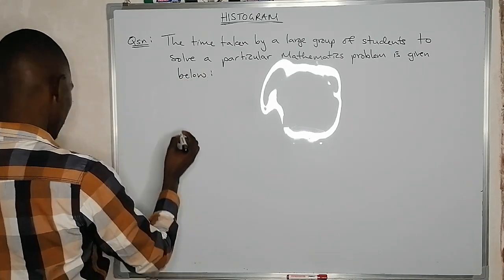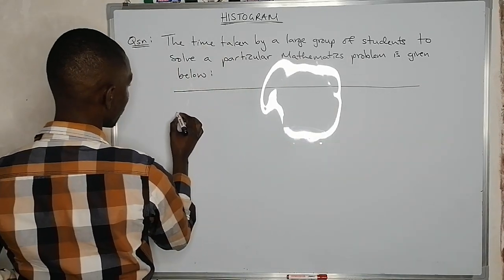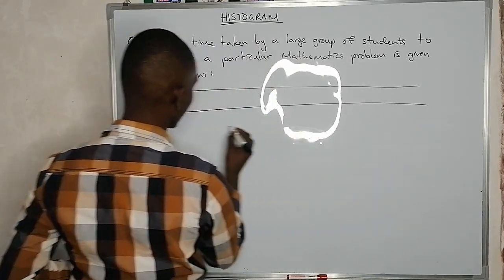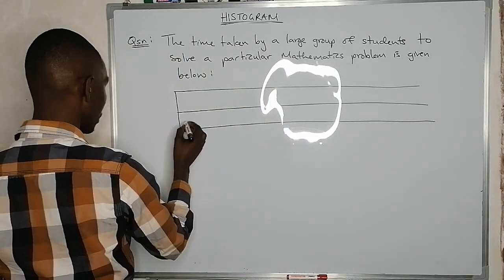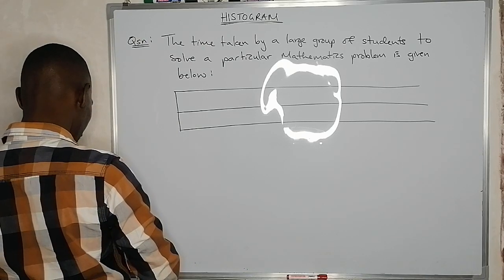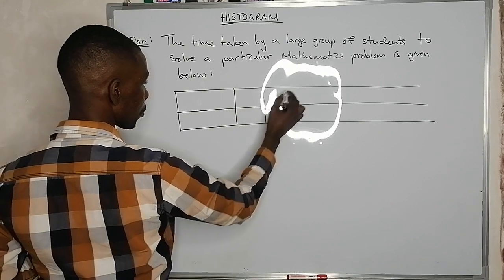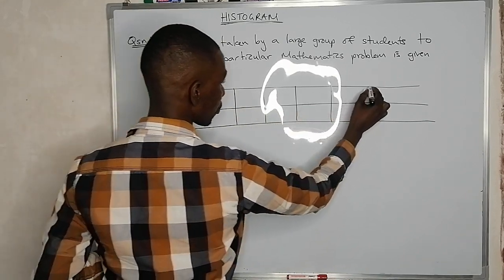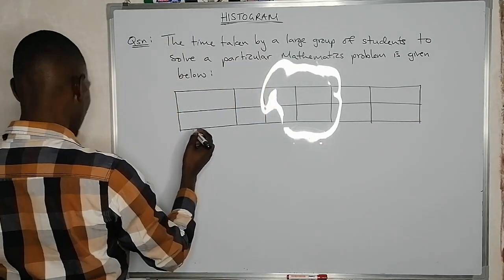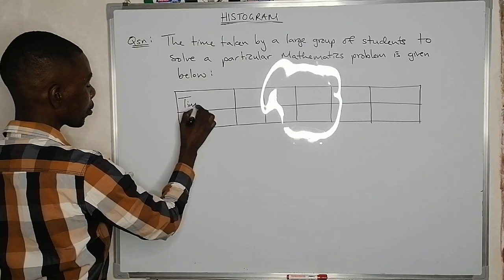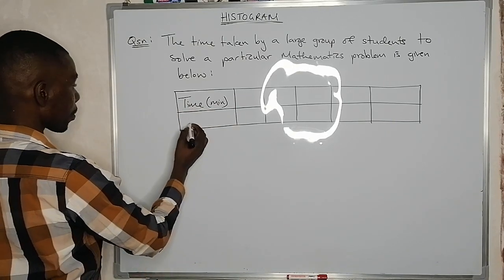Right, so we have a table again. Here we have time in minutes, then we have frequency.